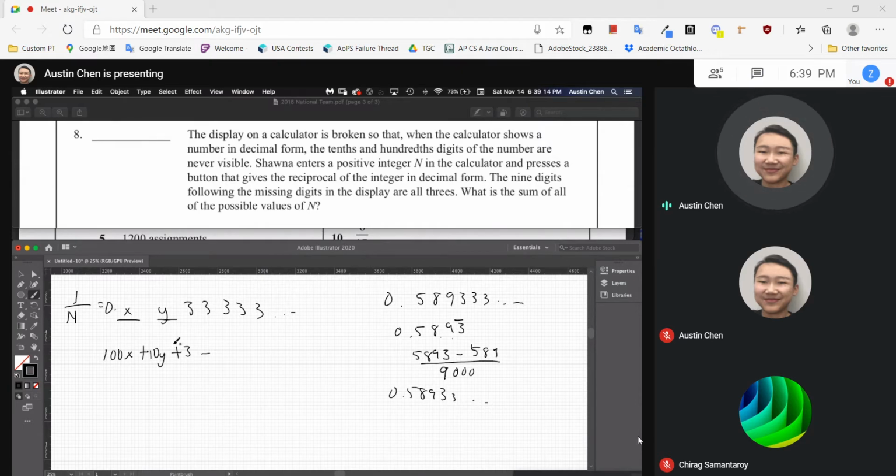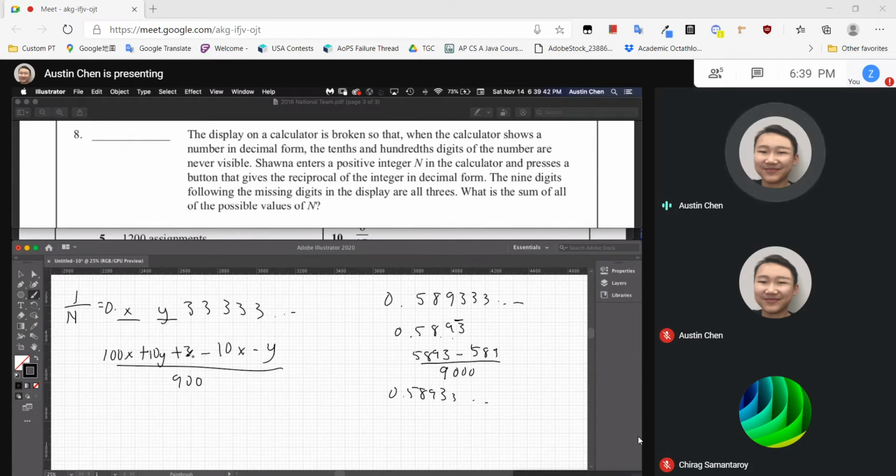And then we're just taking this first part right here, and then we're going to subtract the non-repeating part, right? So that's going to be minus 10x minus y. And then we're going to put it over 900 because we have 1 repeating digit and we have 2 non-repeating digits.